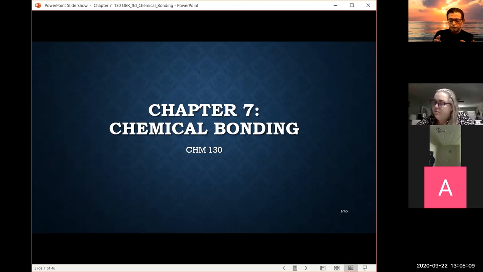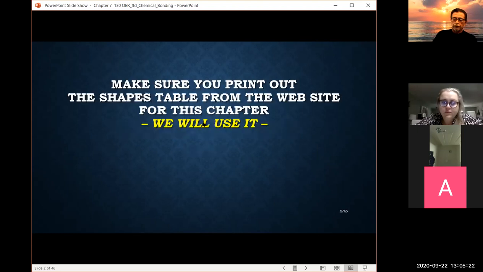Now, all these chemicals around us, there are only 2 types of chemical bonding. Just 2 types. Very straightforward. Let me share this real quick.